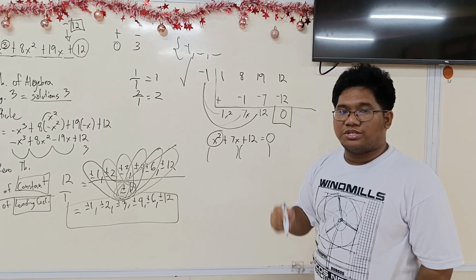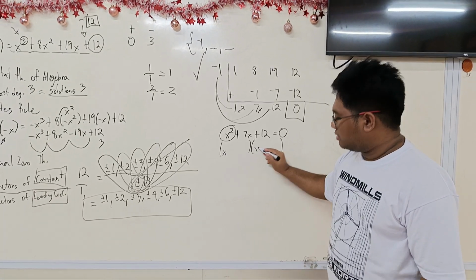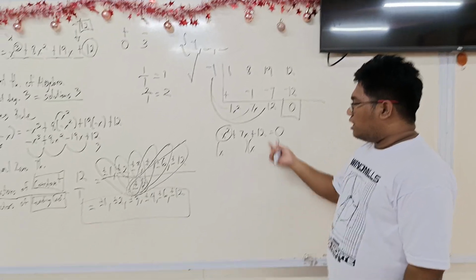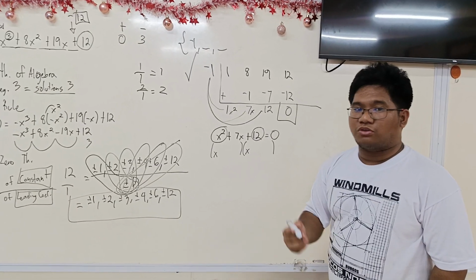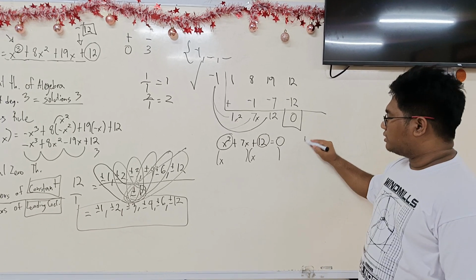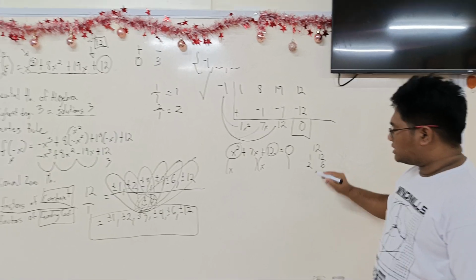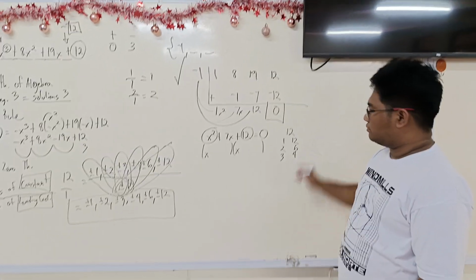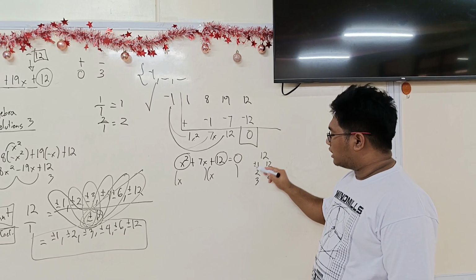What are the factors of x squared? Obviously, just 2 x's. Next, look at 12. What are the factors of 12? Ilista natin. 12, meron tayong 1 and 12, 2 and 6, 3 and 4. Okay? Pwede rin yung mga negative numbers, so positive, negative.